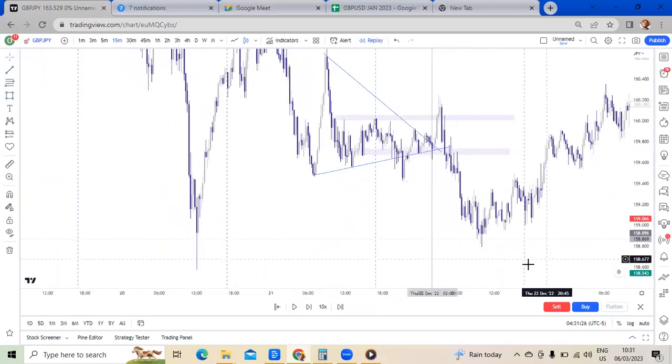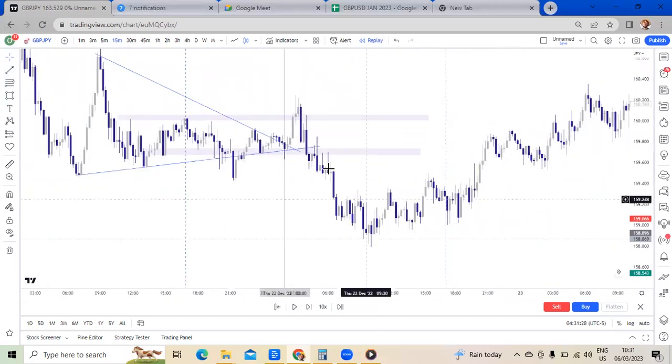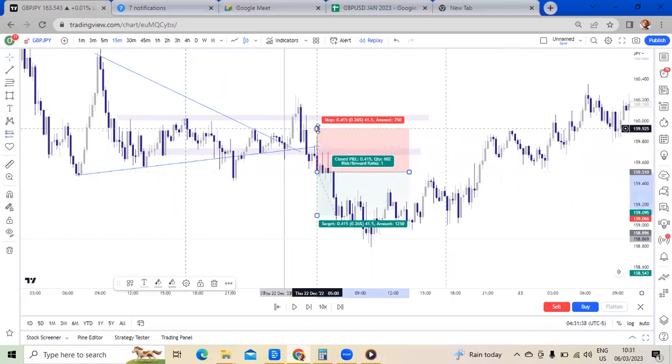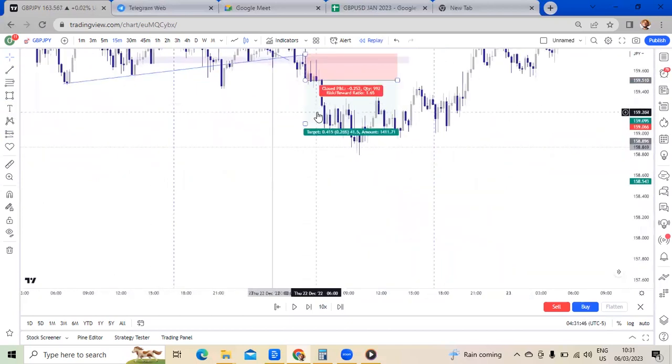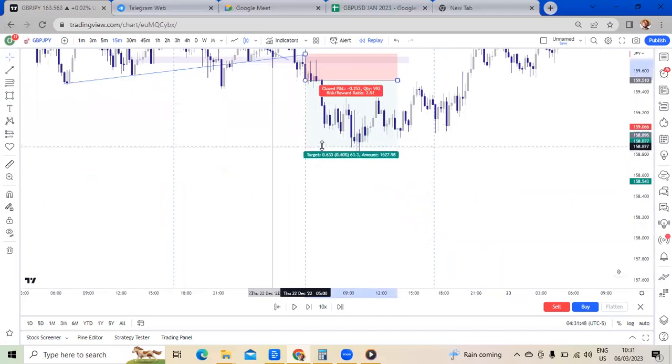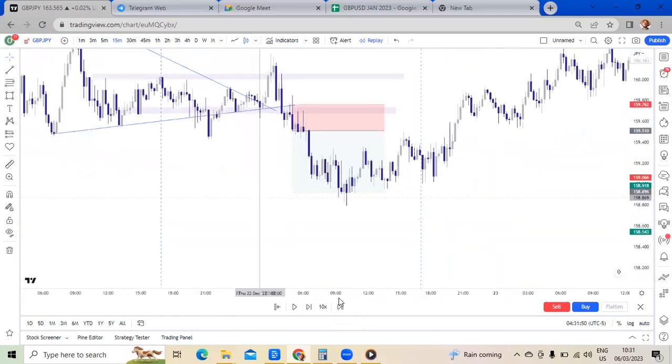Then price retraced back to this resistance, and that is where you wait for your rejections, and you see a bearish candle form, and you put your stop loss. Don't take it higher than 25 pips. If you know it's going to be very big, just leave it like that. And that was a profitable trade.